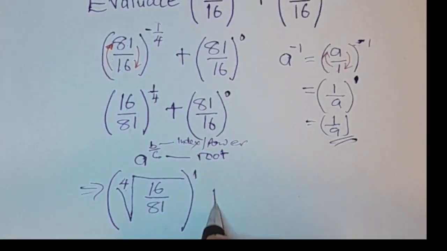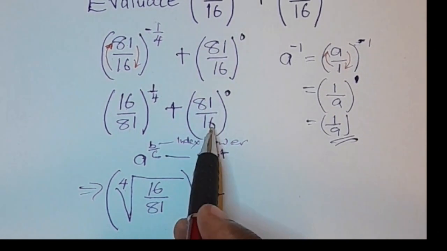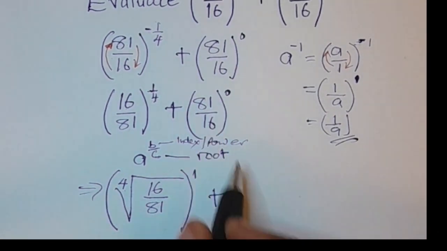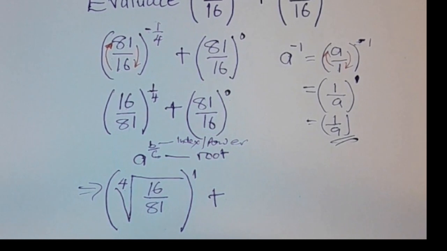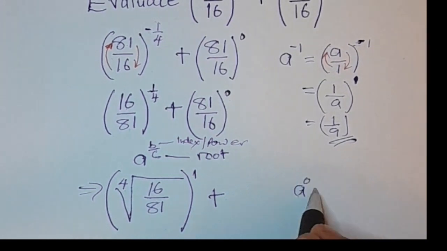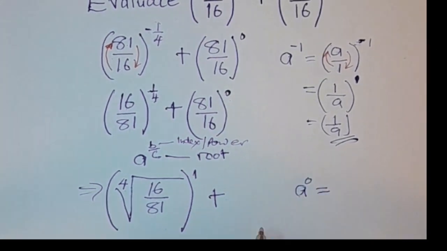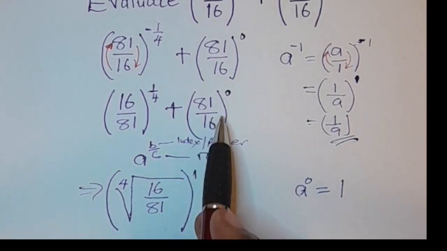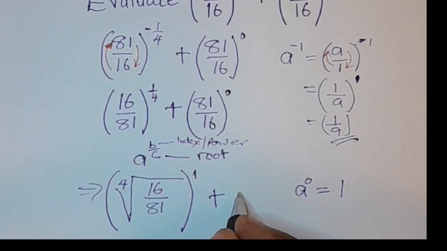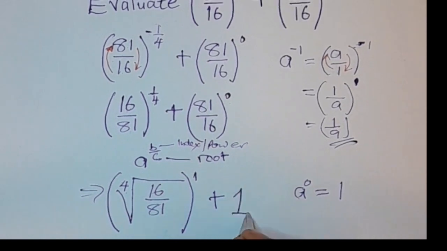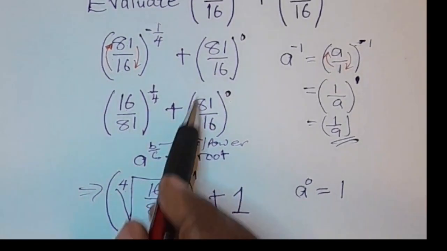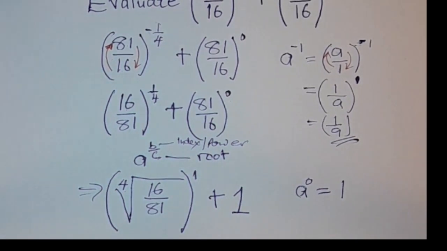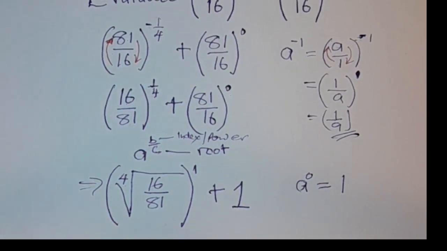Then plus 81 over 16, and everything is being raised to the power 0. Remember, any number raised to the power 0 is 1. Since everything in the brackets is being raised to the power 0, here you are going to have 1.